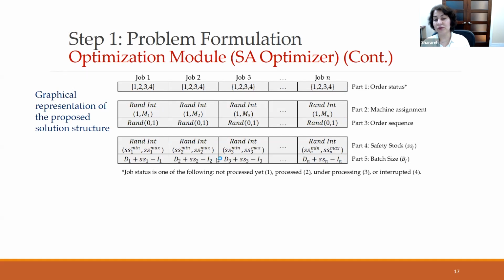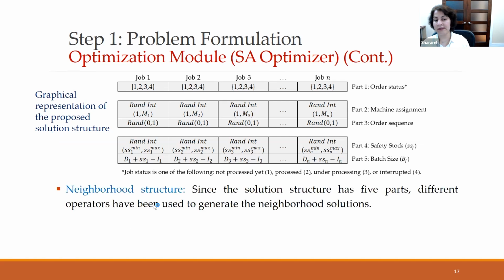Then, in simulated annealing, we need to generate neighborhood solutions. For generating the solutions, we use a different operator for each part, because they vary, so different types of operators are used.